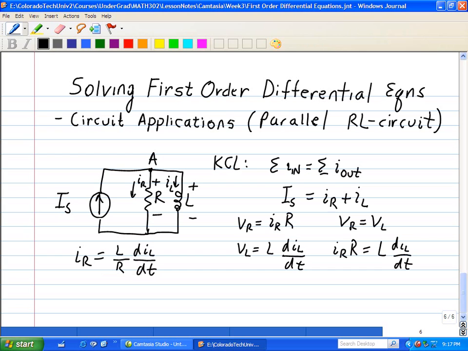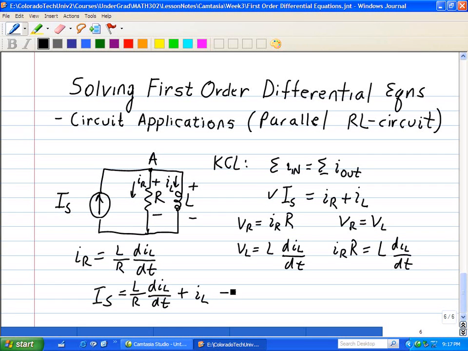So substituting in the above relationship here, this equation right here, we can say that I_S is equal to L/R dI_L/dt plus I_L. And what we have here is a first order differential equation.